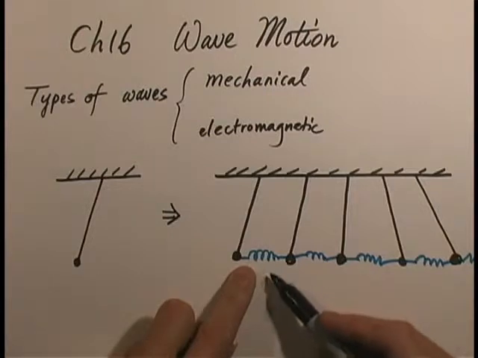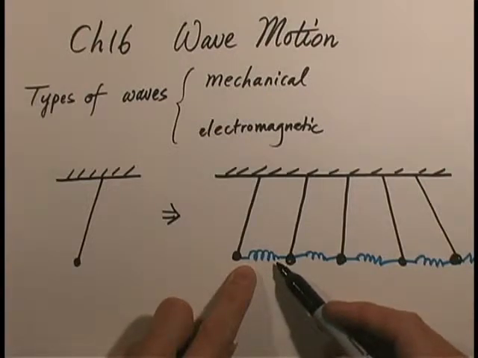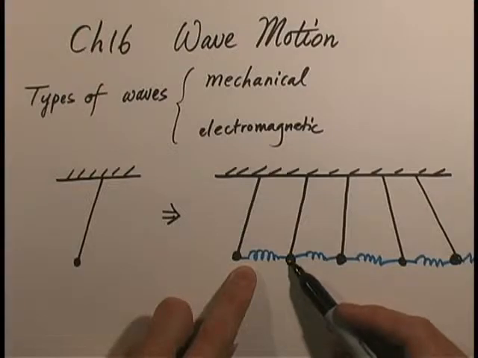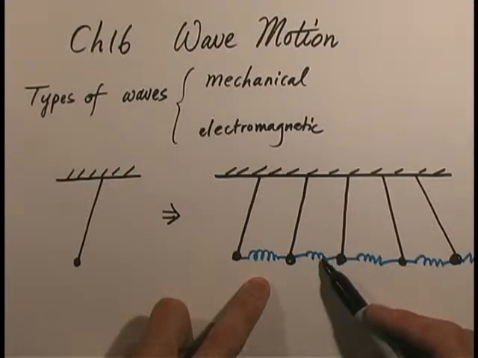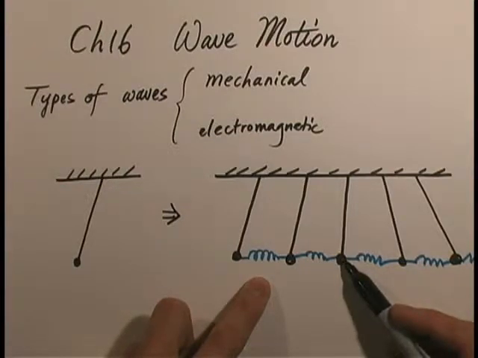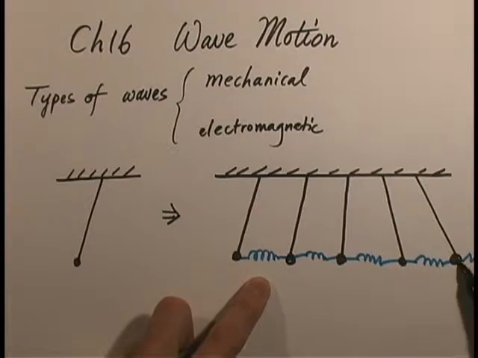And that's going to cause the spring to compress or decompress, so that there will be a force on the spring which will be felt on the next one. So the next one will start to oscillate, which will in turn cause this spring to get compressed or decompressed, and that's going to trigger the oscillation of the next one, and the next one, and the next one.